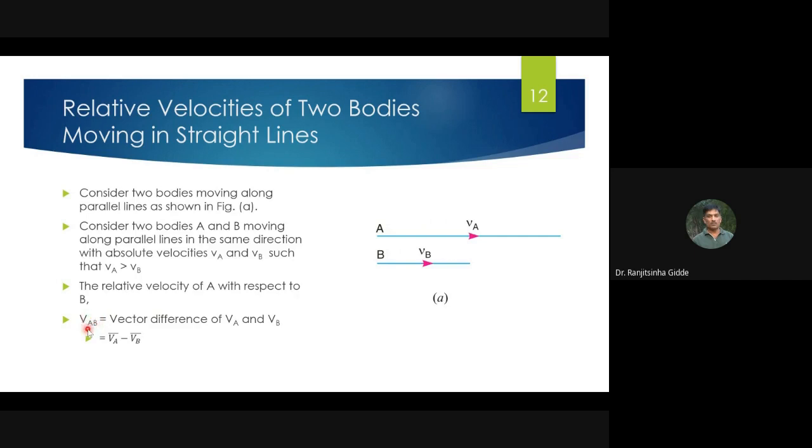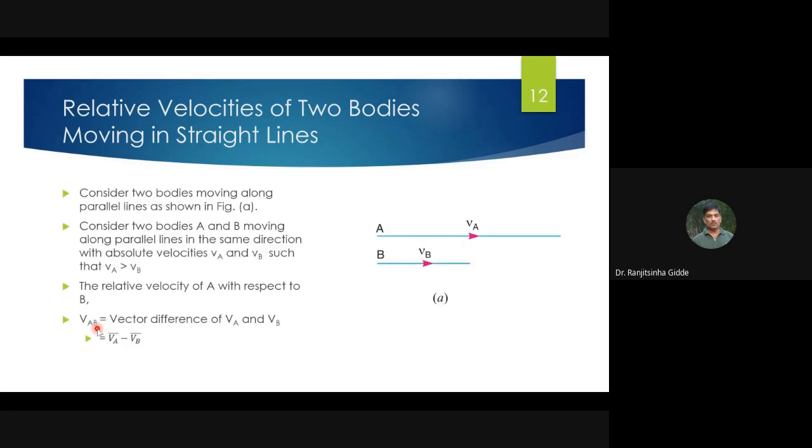So VAB, we can say, is the relative velocity of A with respect to B.